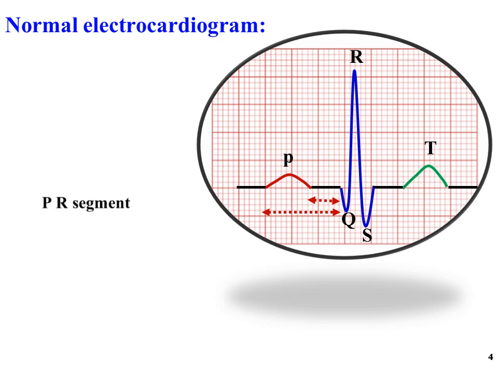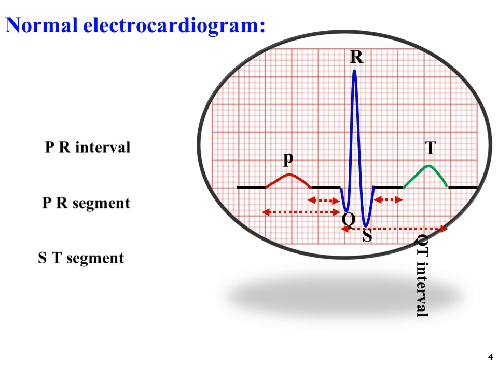Second is the PR interval, from the beginning of the P wave to the beginning of the Q or R wave. Third is the ST segment, from the end of the S wave to the beginning of the T wave.